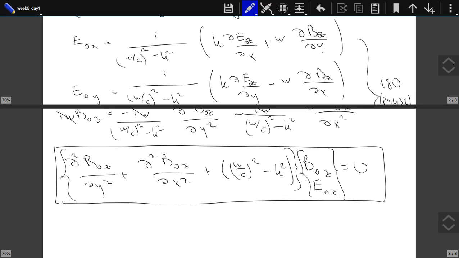Oh, sorry, let me write it in this form. So in the case of E0z, just put E0z over here, E0z over here, multiply this with E0z. In the case of B0z, put B0z over here, B0z over here, multiply this factor with B0z.